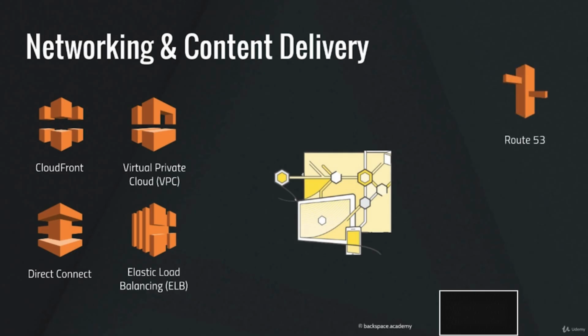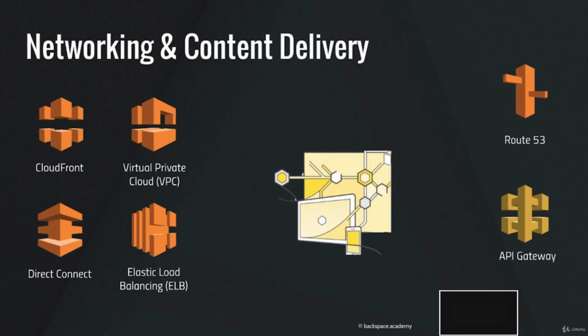Amazon Route 53 is a highly available and scalable domain name system, or DNS for short, and it can handle and direct traffic for your domain name and direct that traffic to your back-end web server. Amazon API Gateway is a fully managed service that makes it easy for developers to create and deploy secure application programming interfaces, or APIs, at any scale.